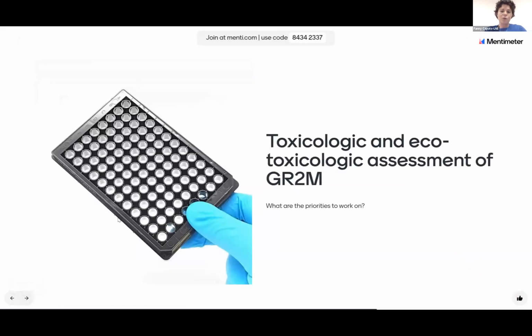So here we shift to the second topic. The first one was really about the pristine materials and methods and reference materials. Here we want to touch base on priorities associated with the development of toxicological and ecotoxicological assessments related to the graphene-related materials.